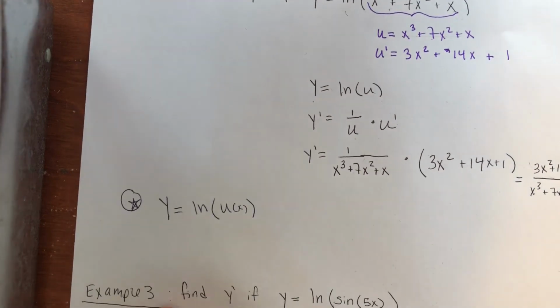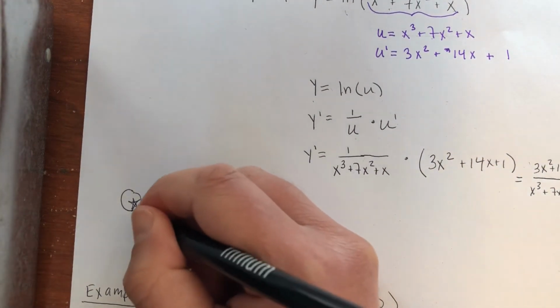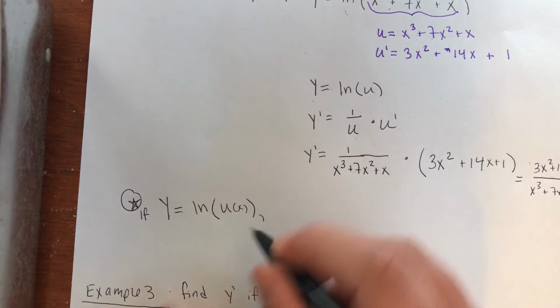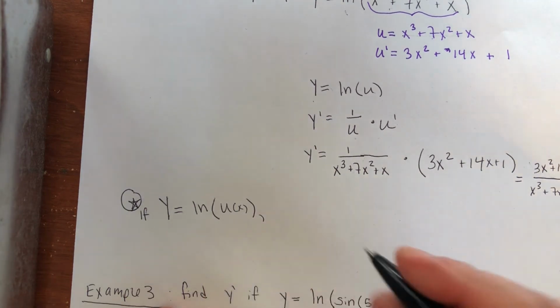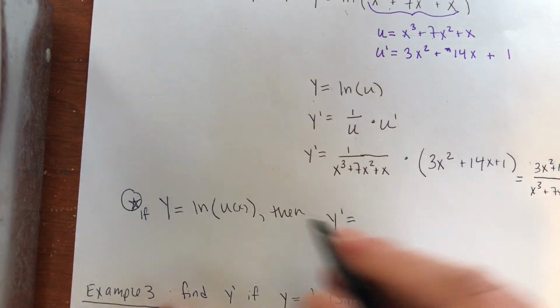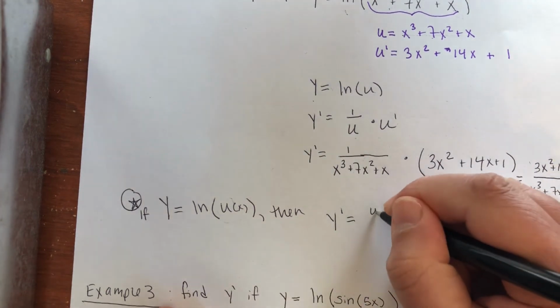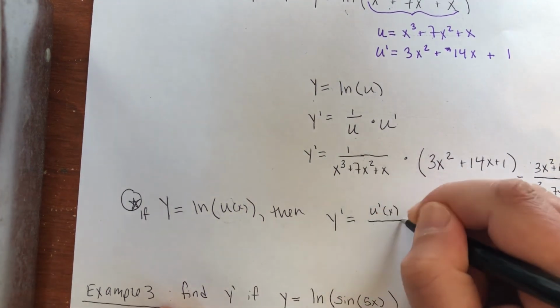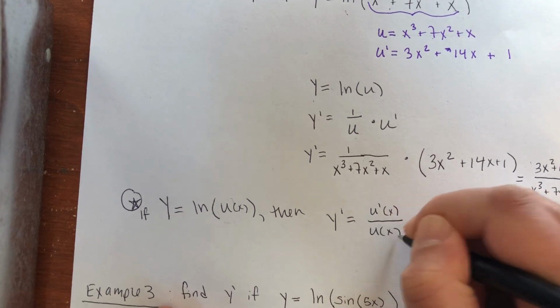If y is equal to ln of u, where u of x is a differentiable function, then y prime is going to be equal to the derivative of the inside, u prime of x, divided by the original inside, u of x.